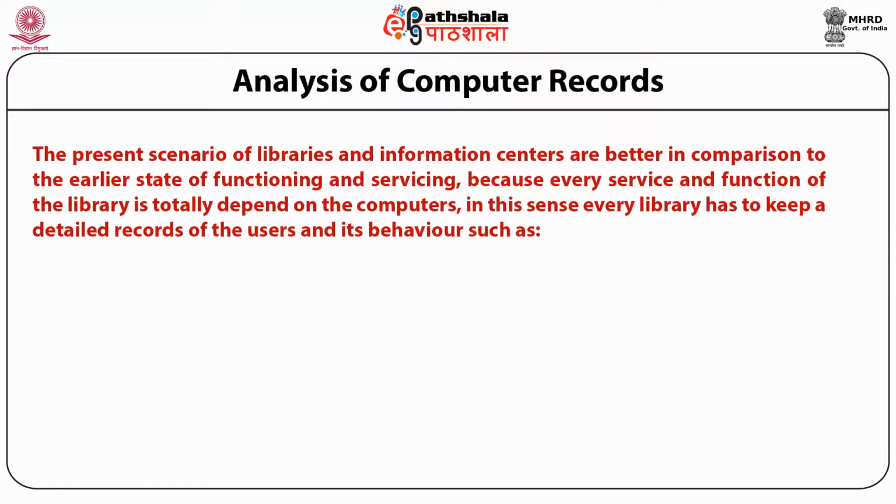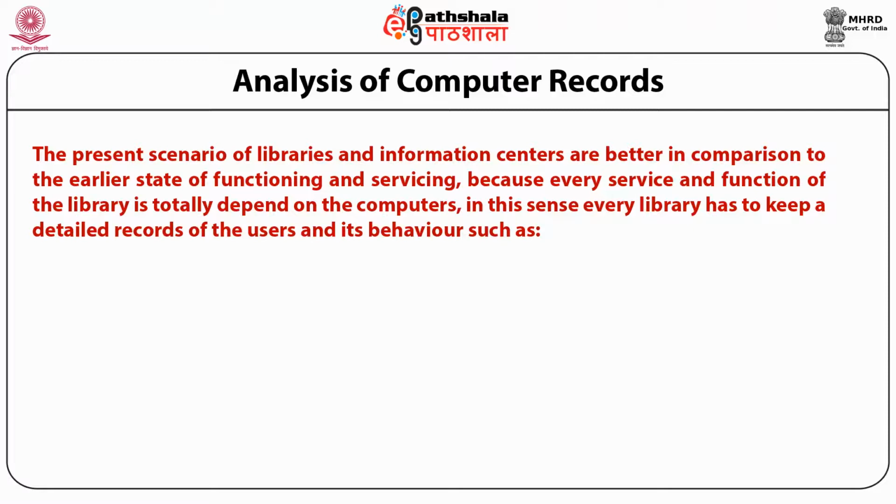Analysis of computer records. The present scenario of library and information science centers is better in comparison to the earlier state of functioning and servicing, because every service and function of the library totally depends on computers.